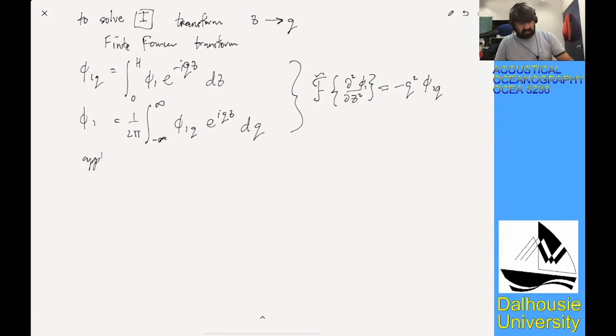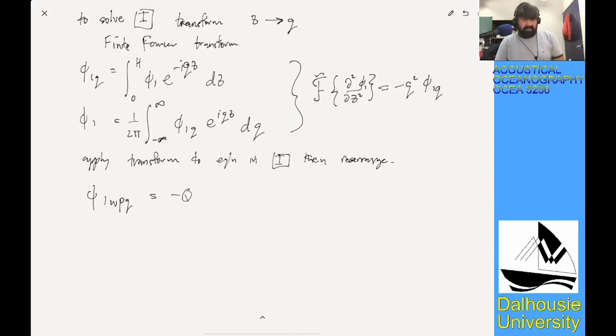So, I apply the transform to the equation in region 1, then rearrange. Okay, I'm doing 2 steps in 1 here. So we have our triply transformed field, phi 1 tilde of omega, p, q, is equal to minus q. And what happens to our source term, okay?